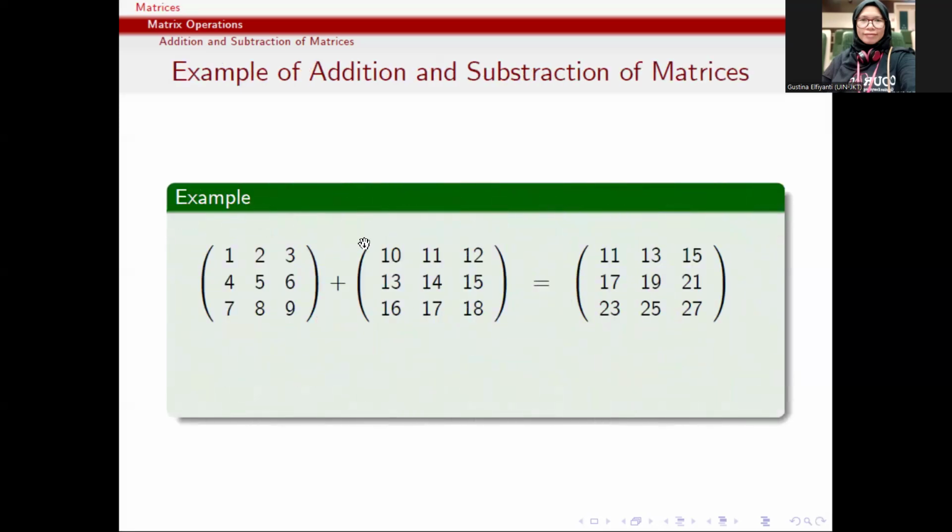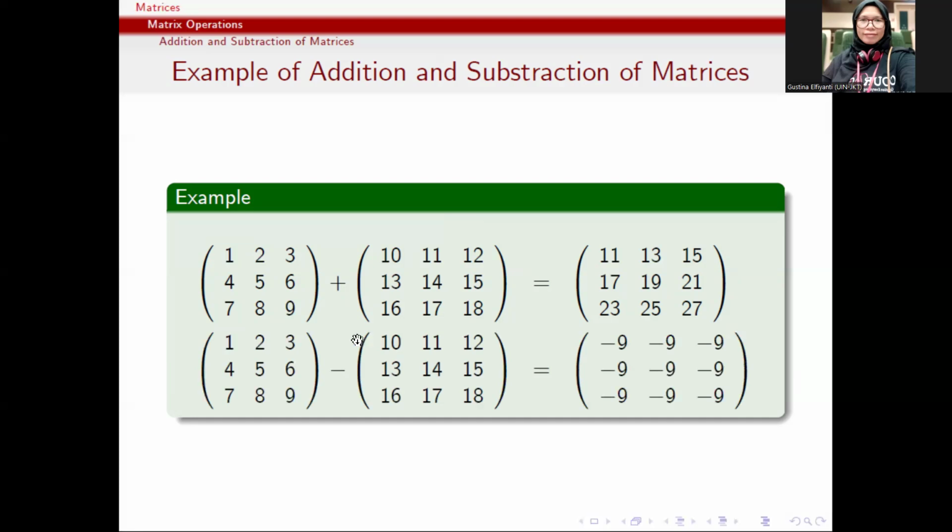For example, let's say we have this matrix A, and this one is matrix B. So A plus B is 1 plus 10 is 11, then 2 plus 11 is 13, 3 plus 12 is 15, and we do it until 9 plus 18 is 27.